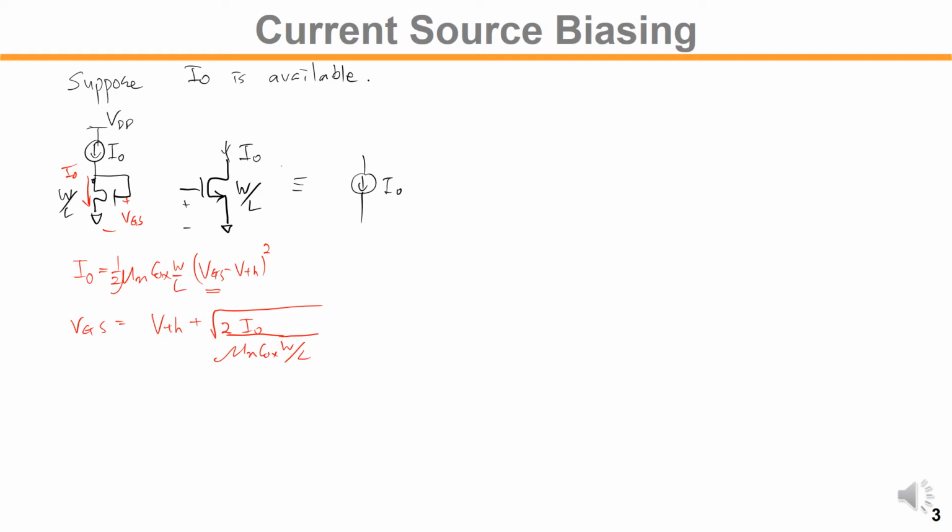Once that is found, we share that VGS with the other device. Then we can replicate the current. This is a current mirror.